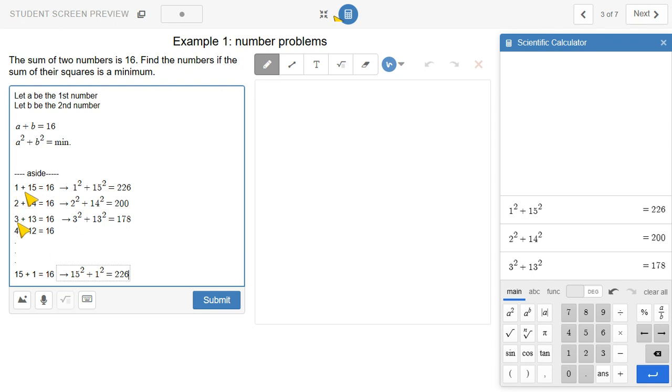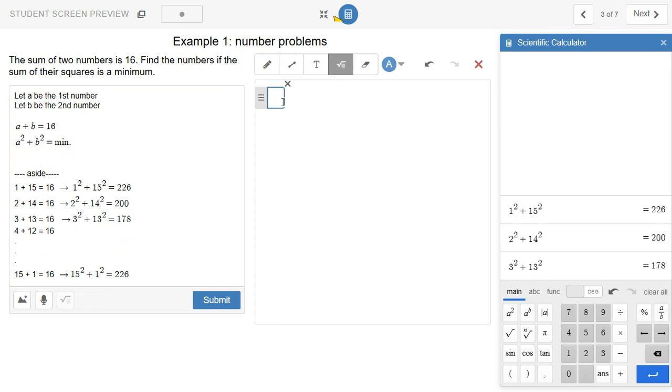So it kind of goes up. These ones go down, but the sums of the squares are decreasing, and at some point in time, it increases again. So what's the minimum value that could be produced with these two combinations of numbers?